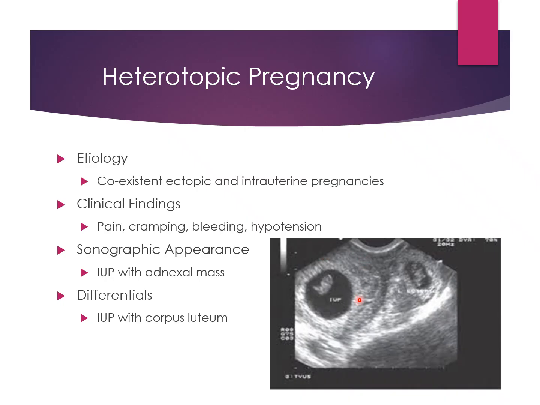When we have that, we'll have an IUP, and then we'll have that adnexal mass with a fetus in there and that ring of fire. And then just make sure that you guys aren't confusing. This one I left the differentials in because it's a very common mistake that's made. There's a complex corpus luteal cyst, which are common after ovulation, and there's an intrauterine pregnancy, and we mark this as an ectopic.